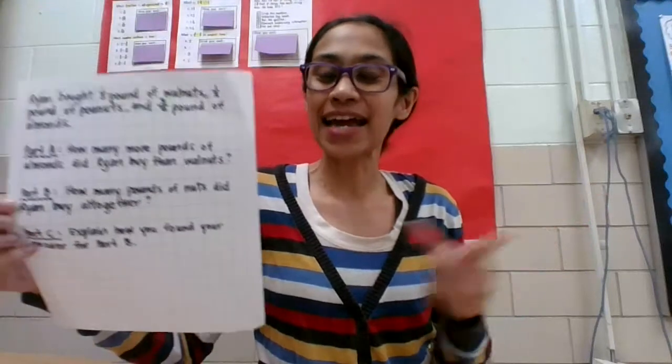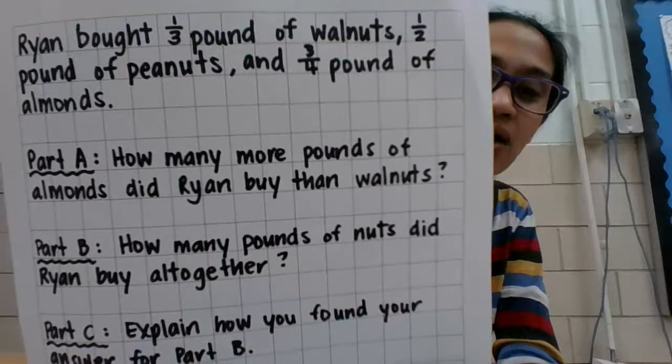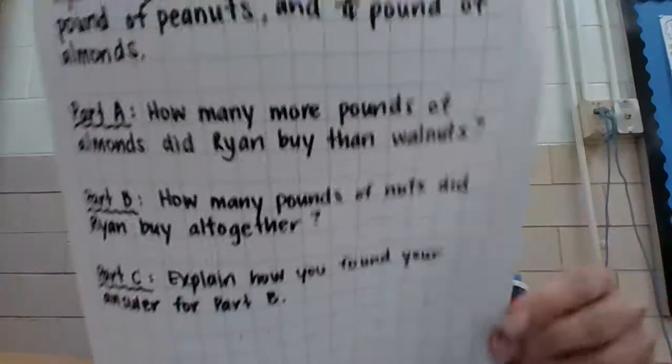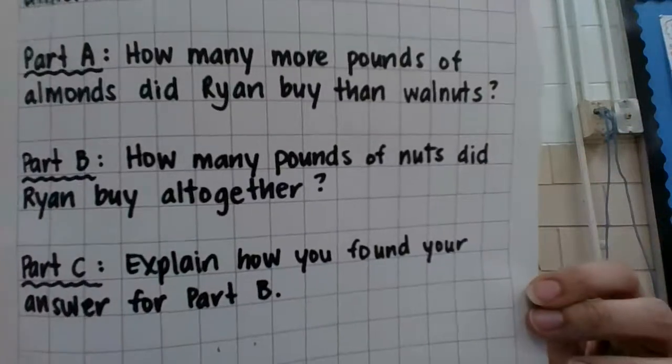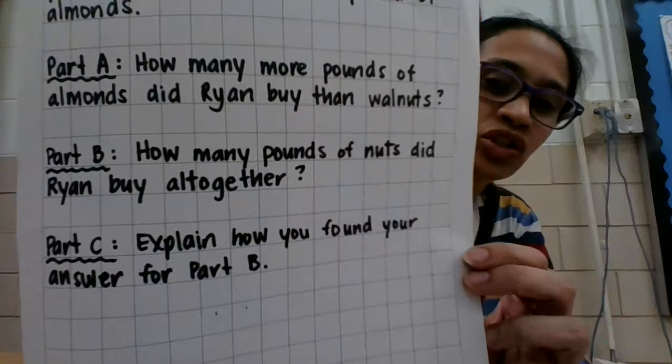Some more tips. If you are adding and subtracting fractions, what do we always need to make sure that we have? We need to have a common denominator. So don't forget, if you are adding or subtracting fractions, you need to have the same denominator. Don't forget, look at your keywords. The keywords in the questions will guide you to what you need to do.